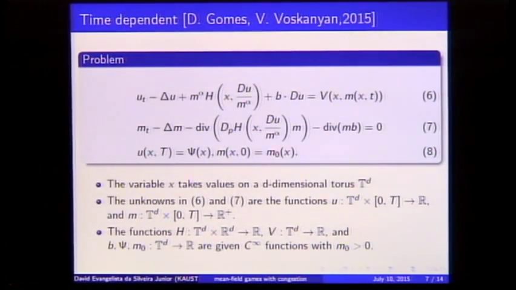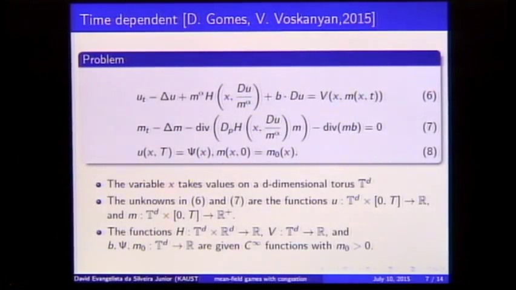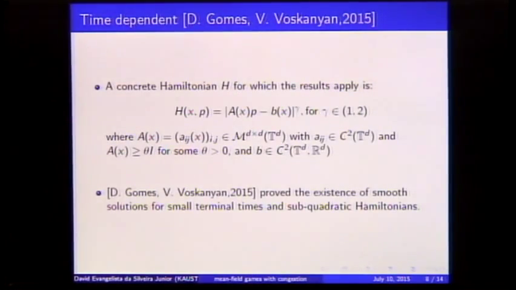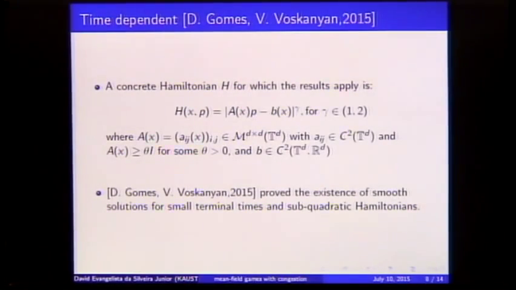And the problem that we are interested in, that we will mention now, is to consider this problem, but in the stationary case, that would be like putting this time T to infinity, and considering the derivative on m and on u. So a typical Hamiltonian that we have in mind is this one.